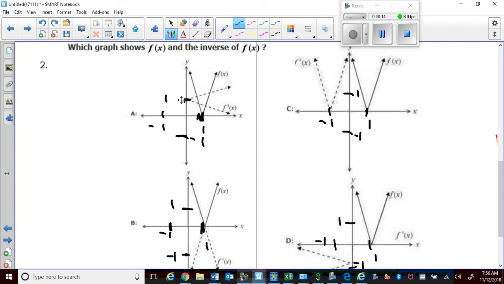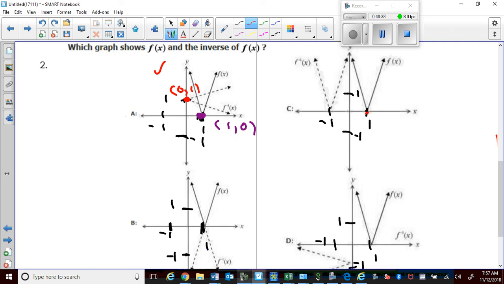So the first thing I'm going to do is plot this point. It's like 1, 0. So my inverse, if I switch the two coordinates, should start at 0, 1, and it does. So this checks out.